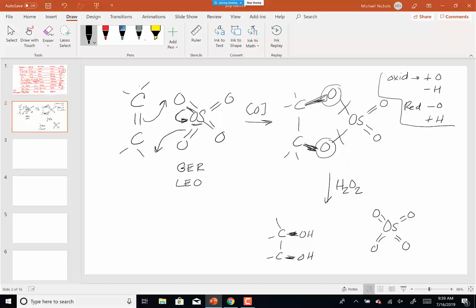So if we just use a catalytic amount of osmium tetroxide, and we have enough hydrogen peroxide in there that it continually regenerates the osmium tetroxide, we can do this reaction efficiently.